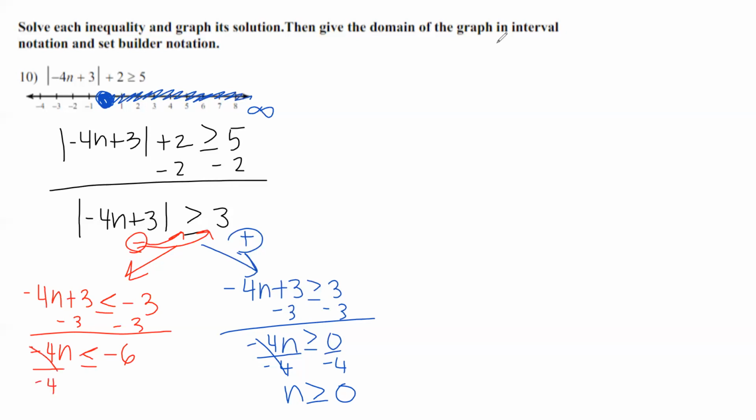Divide by -4. We have n is less than or equal to +3 halves, which is 1.5. N is less than or equal to 3/2.